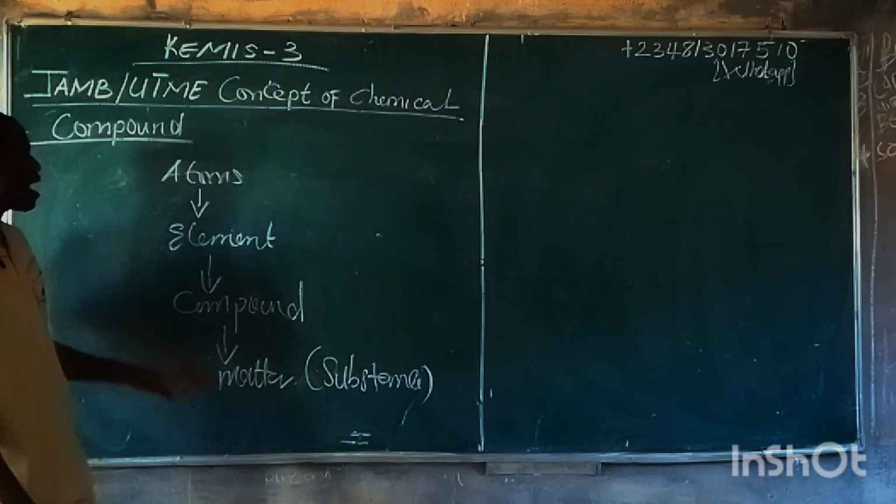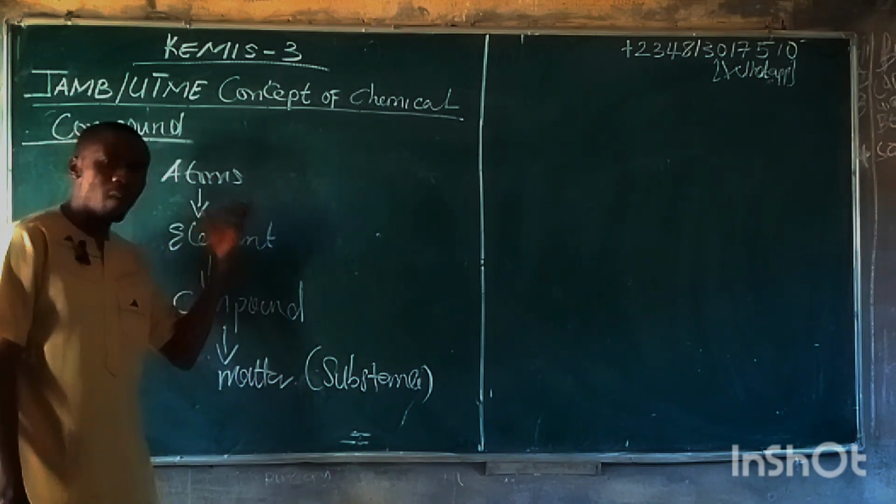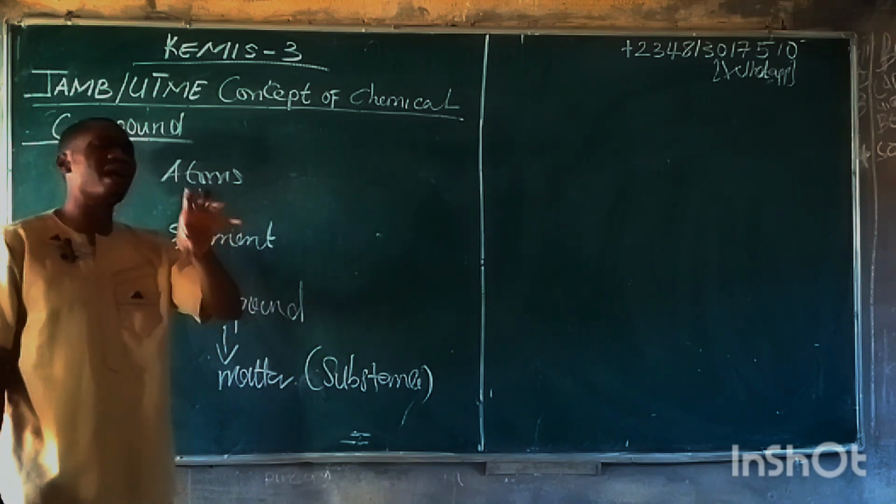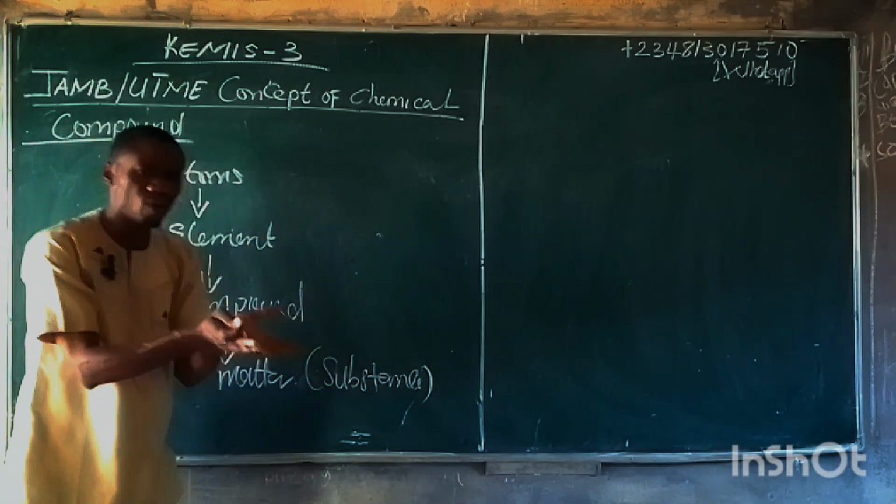Anyway, this is a general definition of compound. Compounds are a group of atoms of elements that are chemically combined together in a definite proportion.